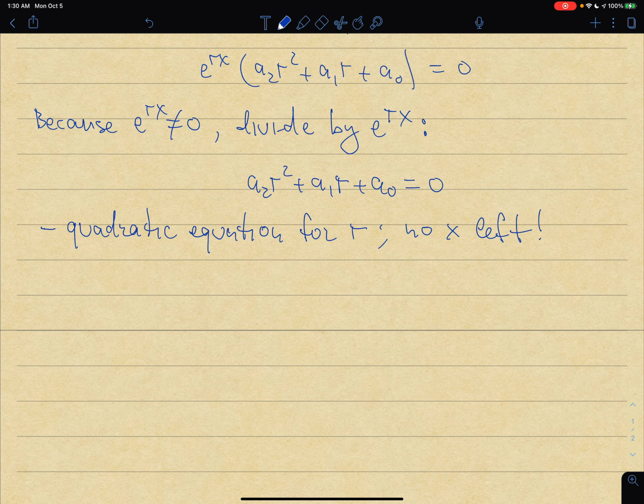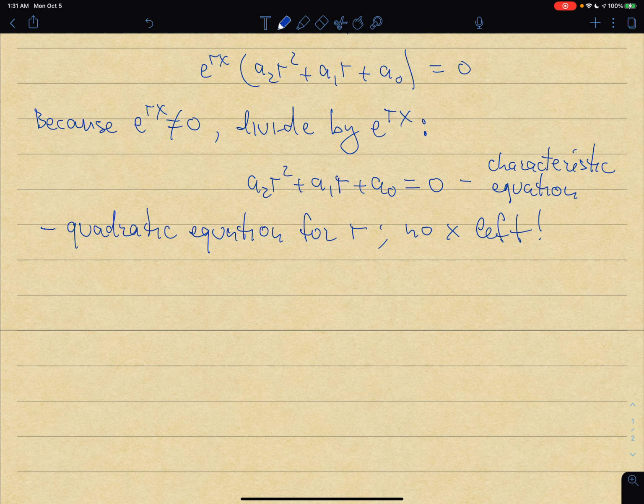This is not an ODE, so I should be able to solve it as a quadratic equation. This guy in the future is going to be referred to as a characteristic equation for our ODE.